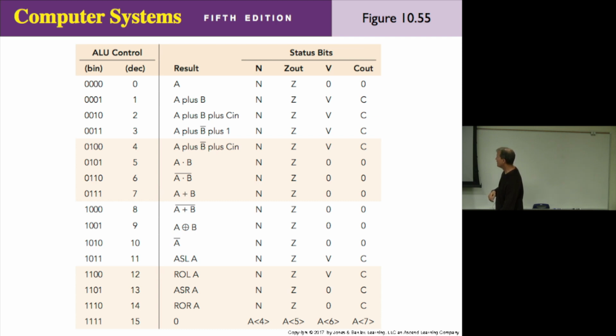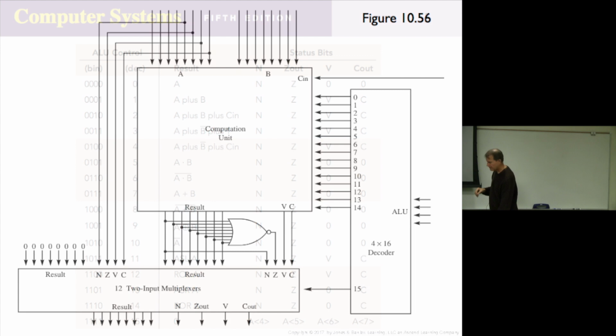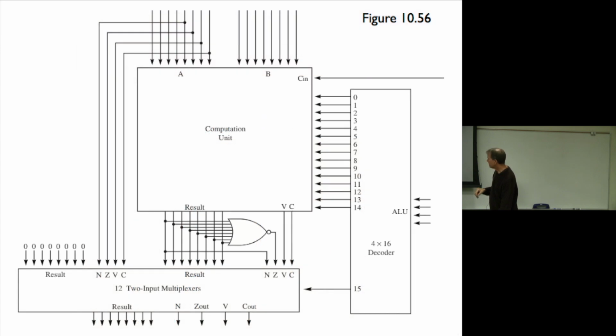The V and the C. We don't have to calculate the N bit and the Z bit. That's calculated in figure 10.56, outside the computation unit. So we don't have to worry about the N bit and the Z bit. Is everybody clear on this?